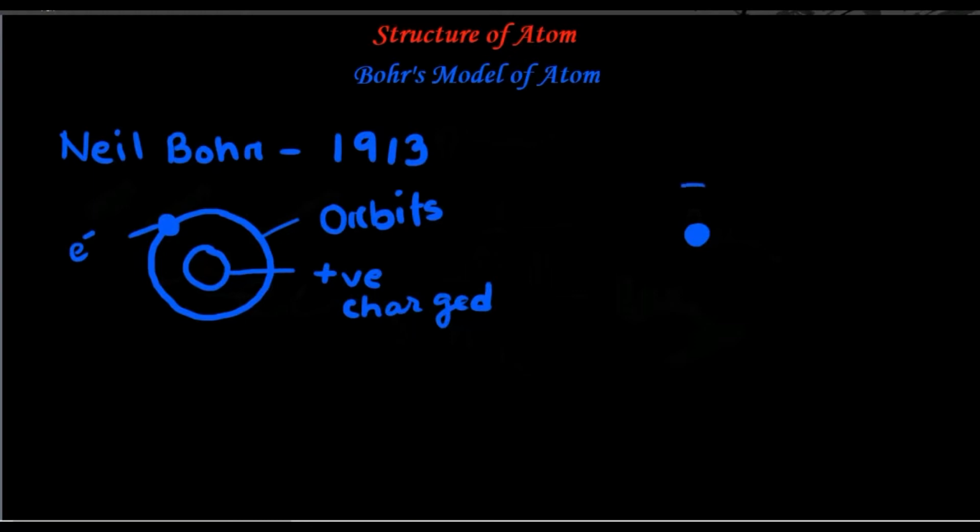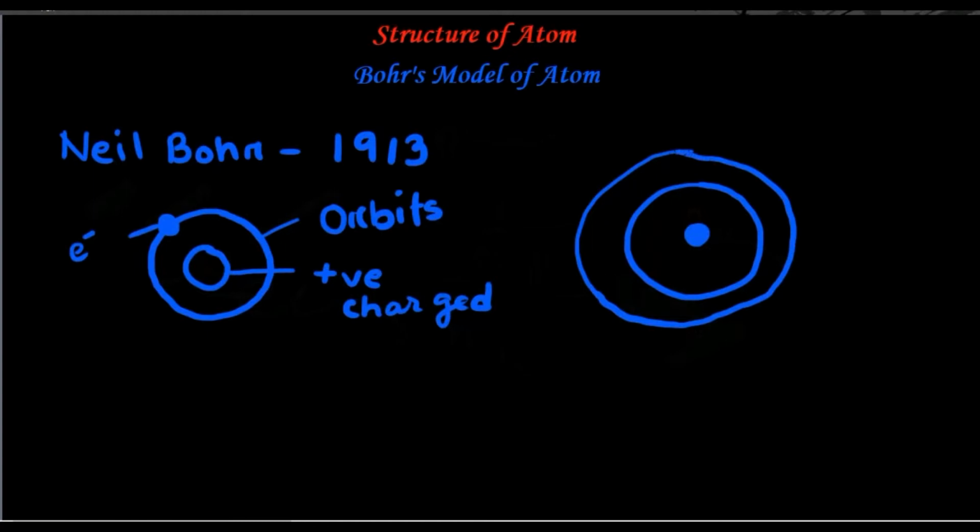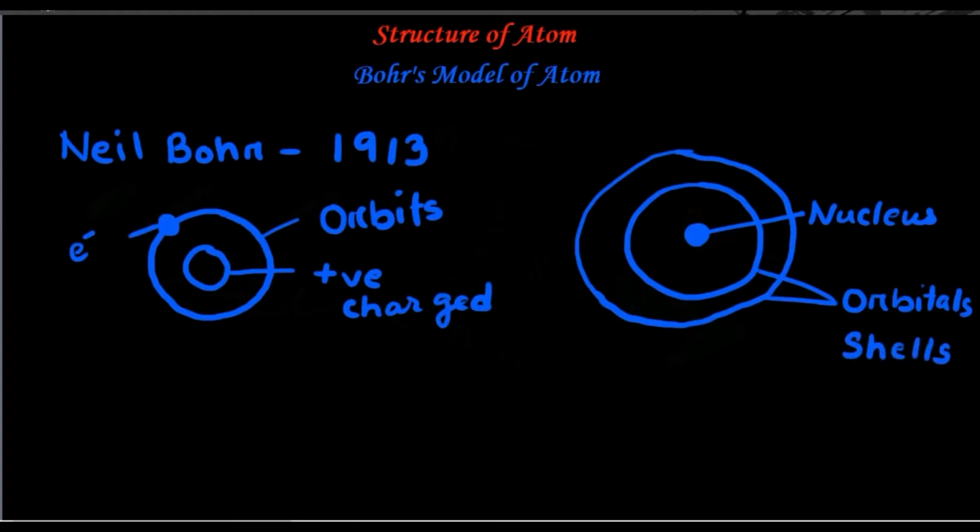So this is the nucleus, and these are the fixed orbital shells, and the electrons move in these fixed orbital shells.